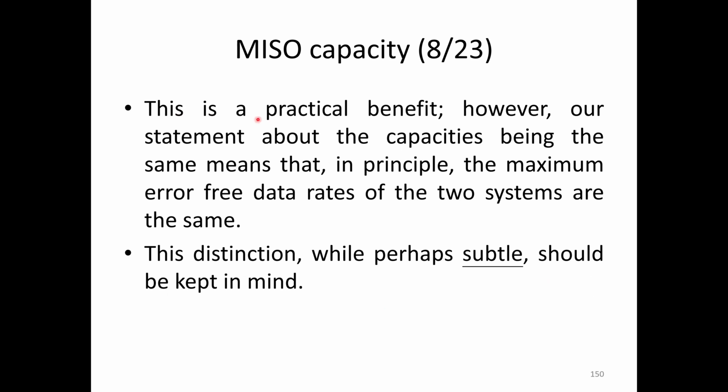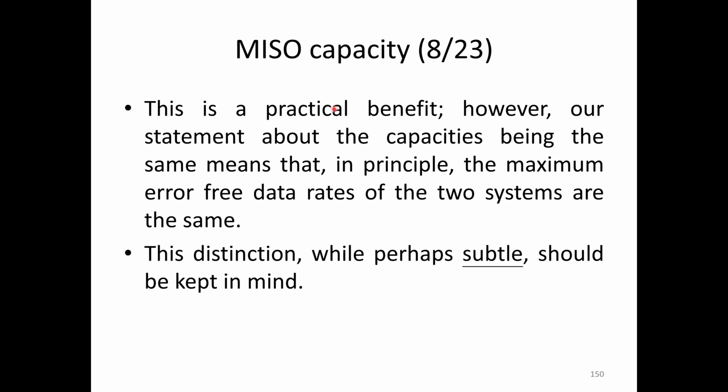This is a practical benefit. However, our statement about the capacities being the same means that, in principle, the maximum error-free data rates, which means the capacity, of the two systems are the same.